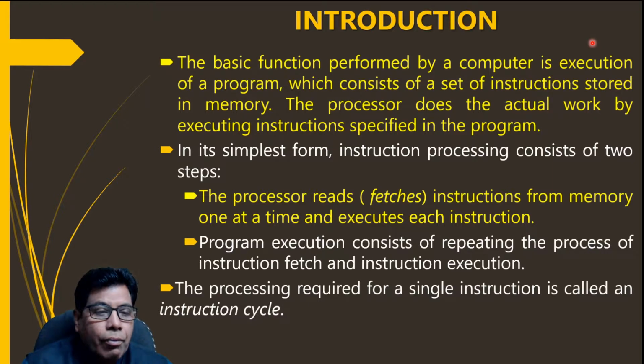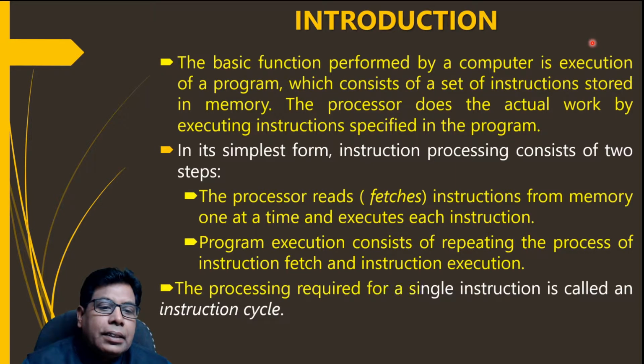Then program execution consists of repeating the process of instruction fetch and instruction execute. So these two processes, instruction fetch and instruction execution, are continuously repeated. So that will constitute the program execution.